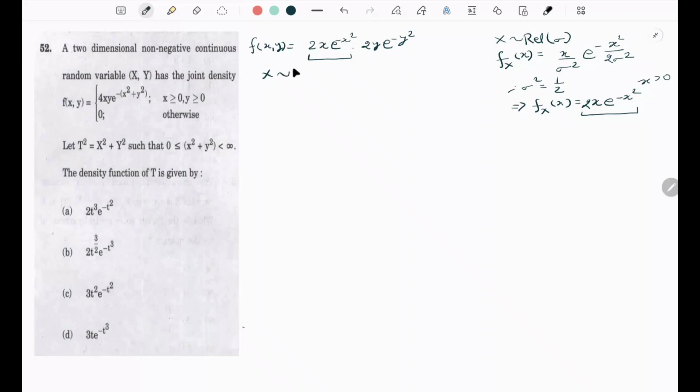So X follows Rayleigh with parameter 1/2 and Y also follows Rayleigh with parameter 1/2, and their joint density function is equal to the product of their marginal densities. So X and Y are independent, because the joint density function is equal to the product of their marginal densities.